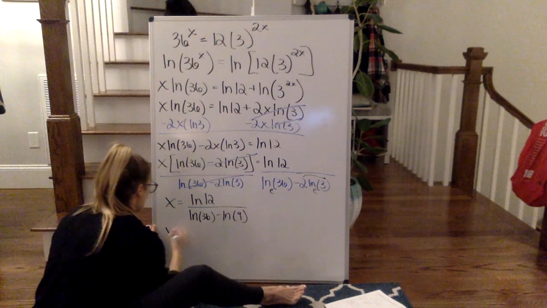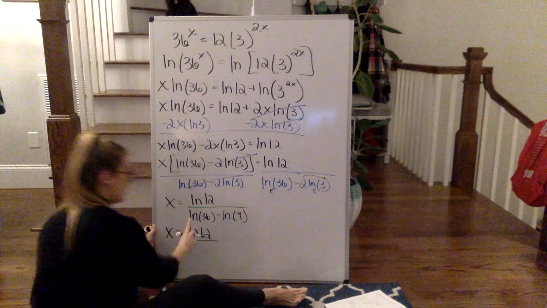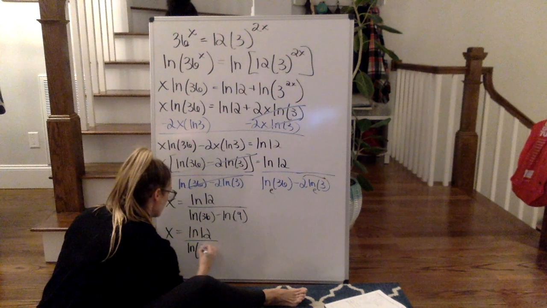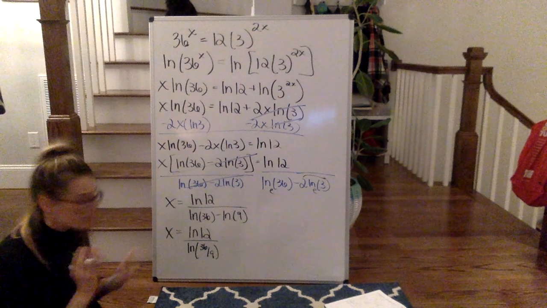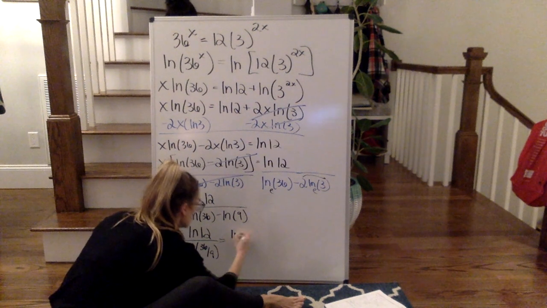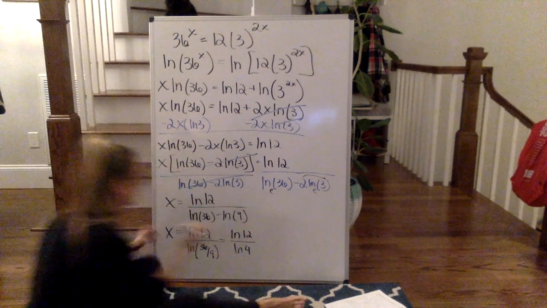So this is going to be x equals the ln of 12 over the ln of 36 divided by 9. All right, let's keep working with that. We know that 36 divided by 9 is 4. So this is going to be the ln of 12 over the ln of 4.